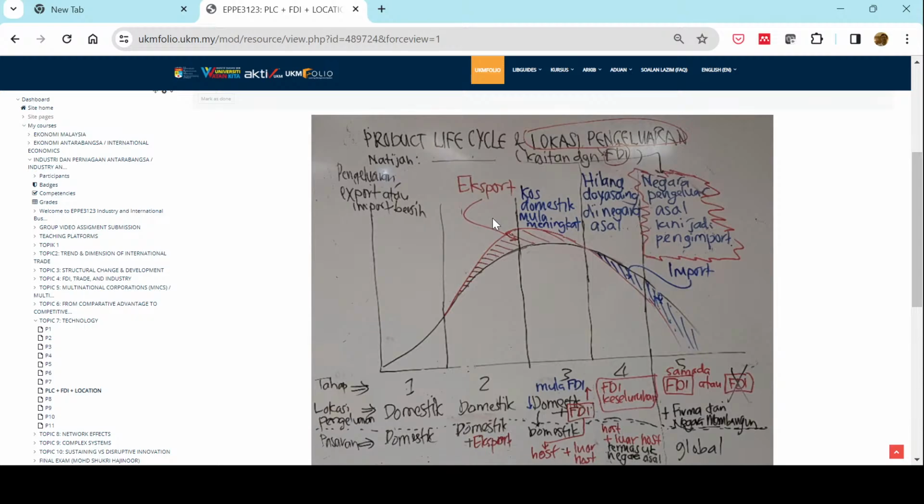So here, it began here in stage 4 already. So stage 5, whether FDI or no FDI.